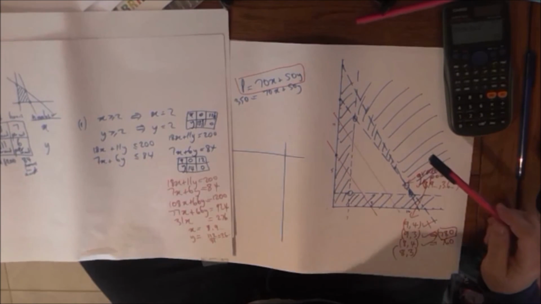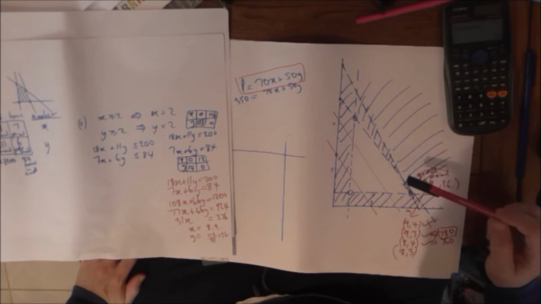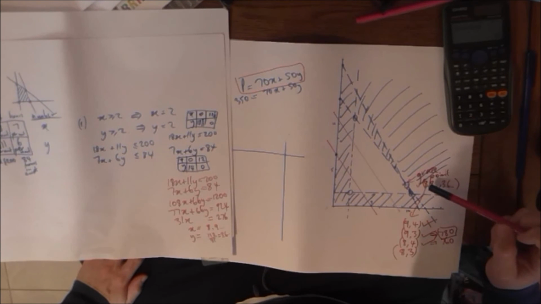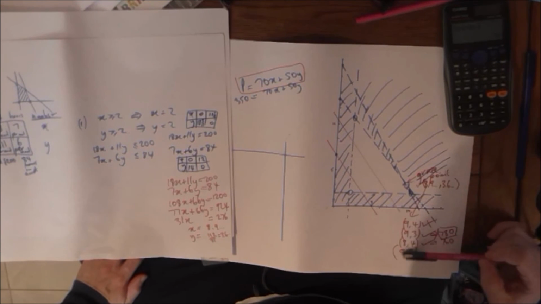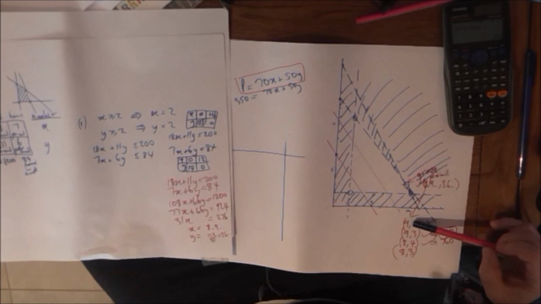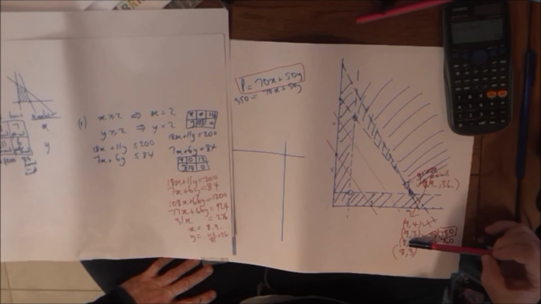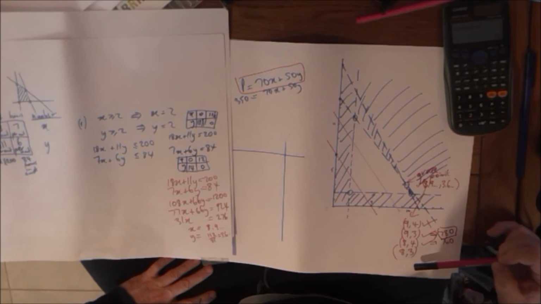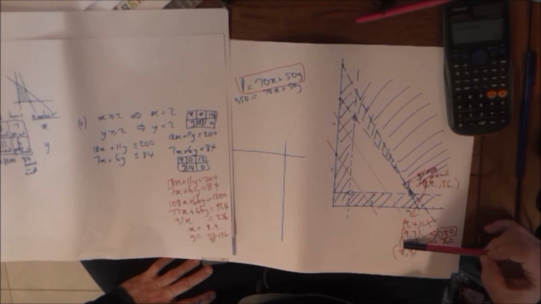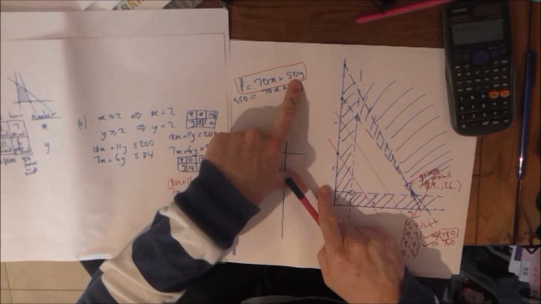I'll just recap what I did there. I found my Gray's point, but then I recognised that I had to use whole numbers. I wrote down some candidate whole numbers which are close to this. I realised that only these two were realistic. That one broke the rules for how big the numbers can be, and that one is clearly not as good as that one, because it's got an extra unit of Y for no loss in the unit of X. And then I just compared the profit of these two by substituting into that.